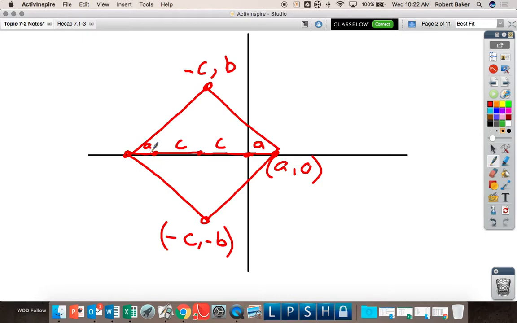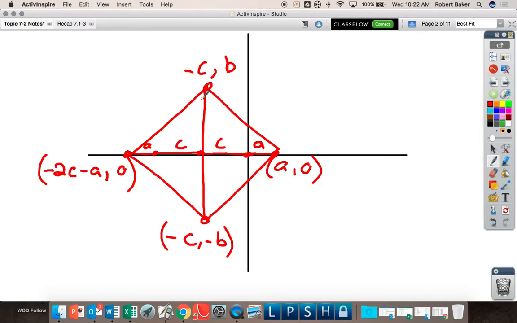So this location should be negative 2c minus a comma 0. It's weird, right? It's 2c to the left and 1a to the left, because in a rhombus the diagonal bisects it and gives equal distances. That's the property of a rhombus.